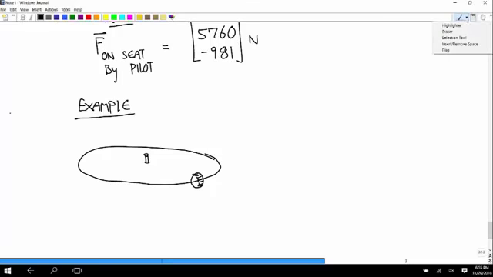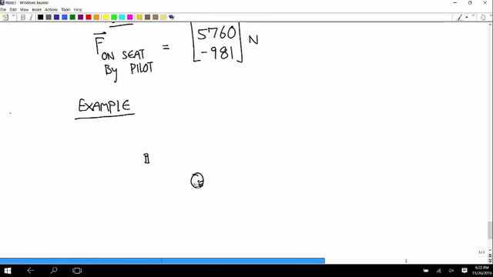Okay, so this ball is connected to a cable, and it's traveling in a circular path around a little post.